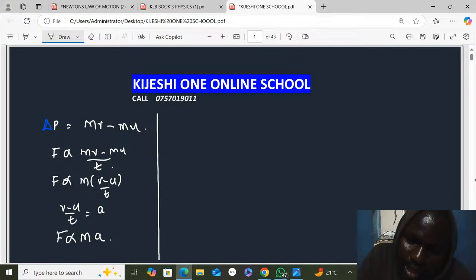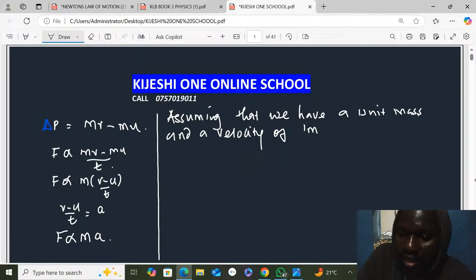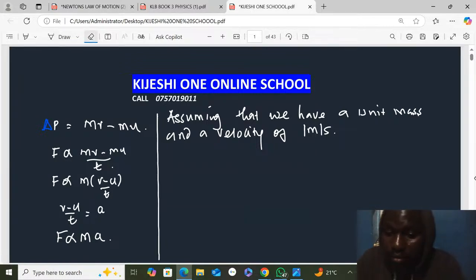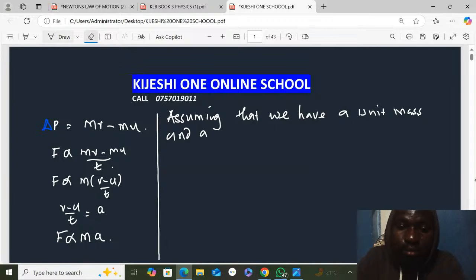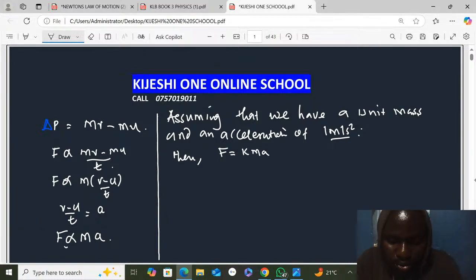So now, assuming that we have a unit mass and an acceleration of 1 meter per second squared, like that, then we say that force is equal to kma, because we want to remove this sign.